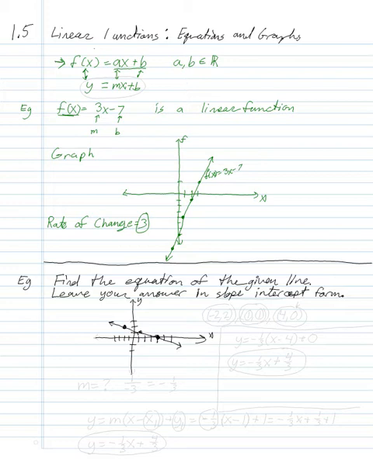The other important topic in this section is that of the point-slope form. So we have seen slope-intercept form before, and that is very useful in terms of relating the slope and the y-intercept. However, we don't always necessarily know what the y-intercept of a line is.